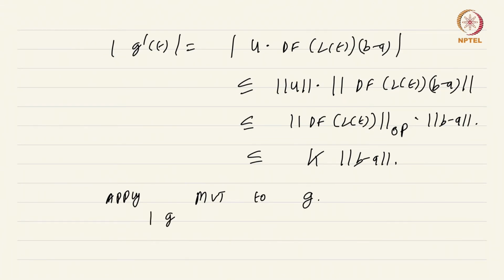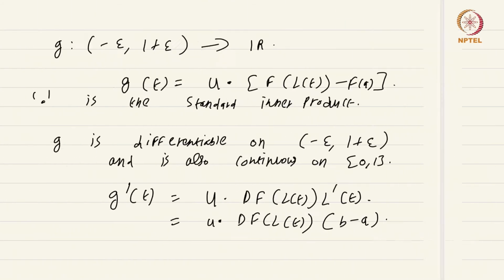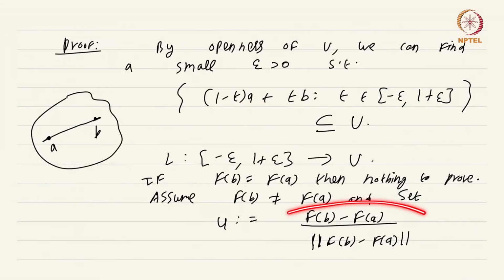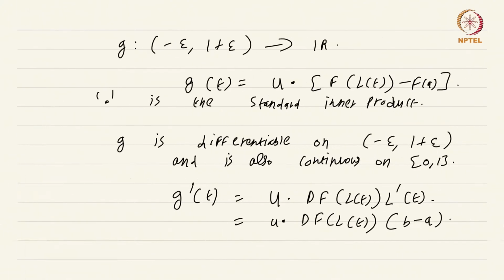So mod g of 1 minus g of 0. Recall that g was defined by this expression, u dot f of L of t minus f of a, and u was f of b minus f of a by norm f of b minus f of a. So when you plug in t equal to 0 in this definition, you get f of a minus f of a, simply because L is supposed to be the line segment that joins a and b.